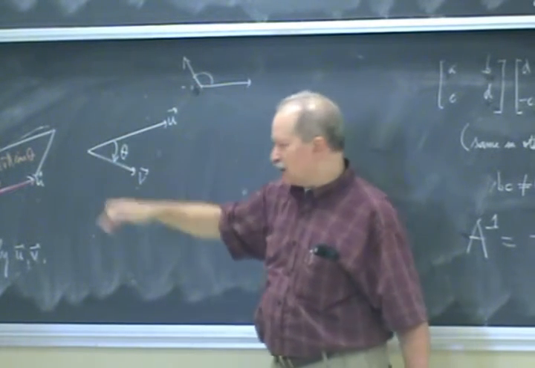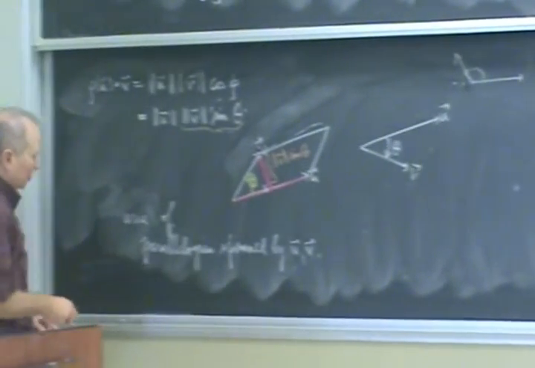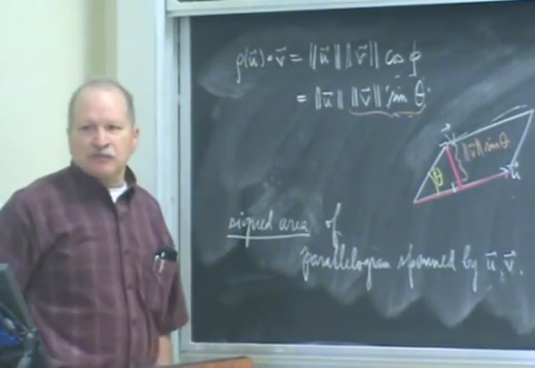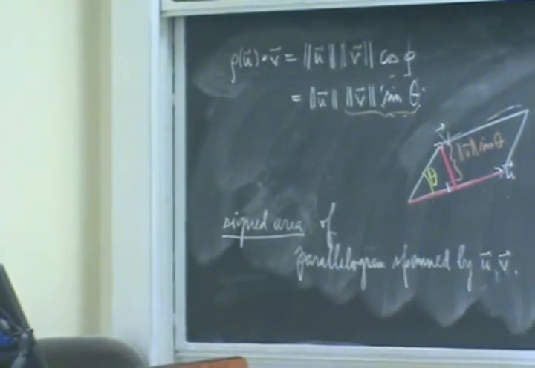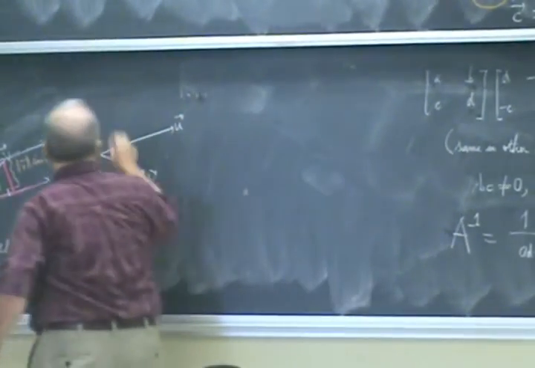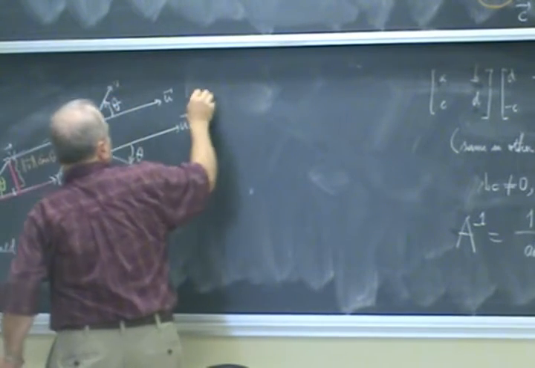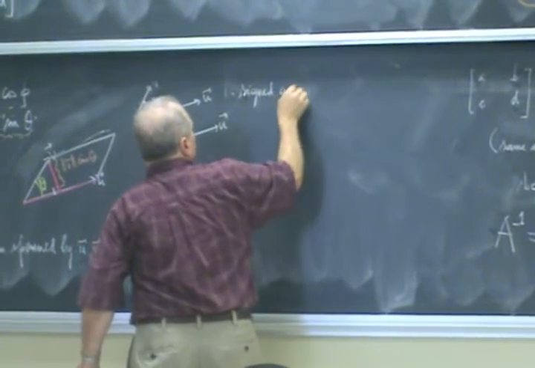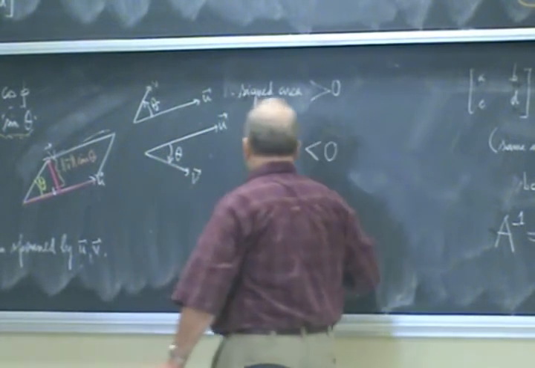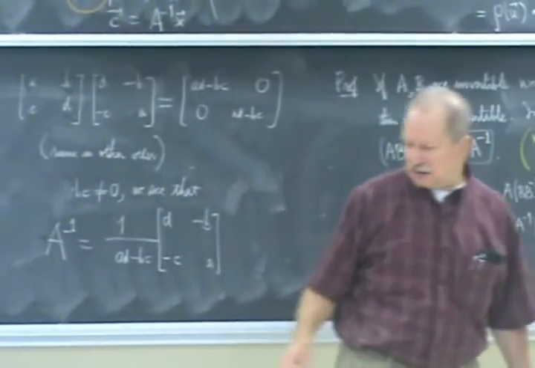This is analogous to that. So I'm going to actually remove the quote marks, take Dan off the hook, and call this signed area. And the convention on the sign is that when the picture looks like this, the signed area is positive, and when the picture looks like this, the signed area is negative. So, do you have a way of conceptualizing that?